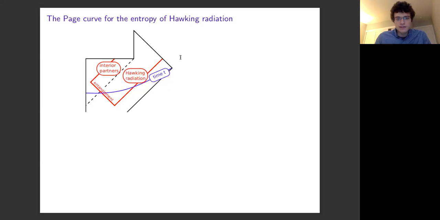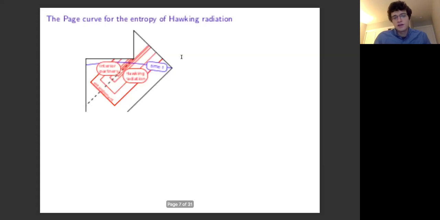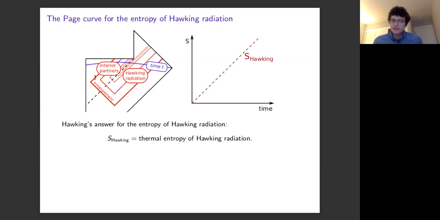But if we follow this process over time, more and more of these pairs are produced, and it leads to an increasing amount of entanglement between the region outside of the black hole and the region inside, because the Hawking radiation outside is one half of these pairs, and the partners that it's entangled with are inside the black hole. So this builds up entanglement between the region outside the black hole and the region inside the black hole.